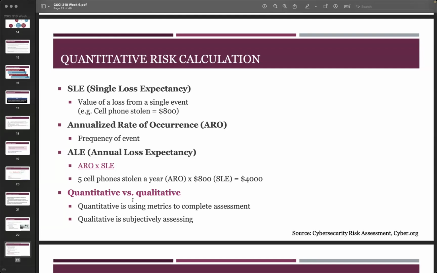So let's say they expose a document, like maybe a project's details. Or most of the time, it's the customer information, like their name, email, and credit card information. So it's pretty common, so that's what they really have to evaluate. Then the annual rate of occurrence, ARO, is the frequency of events, and ALE is the annual loss expectancy.